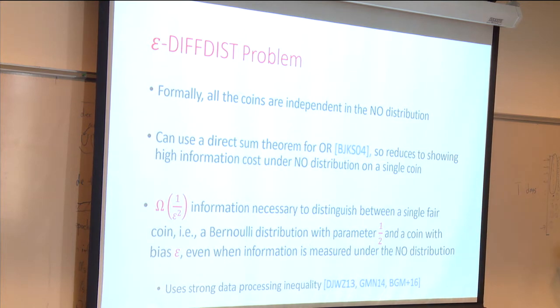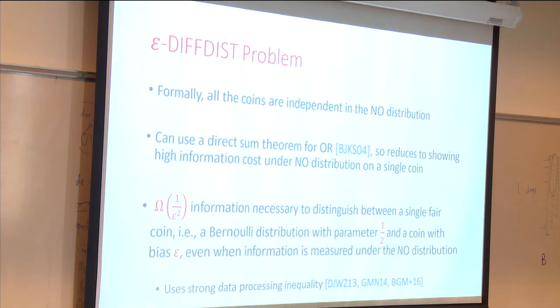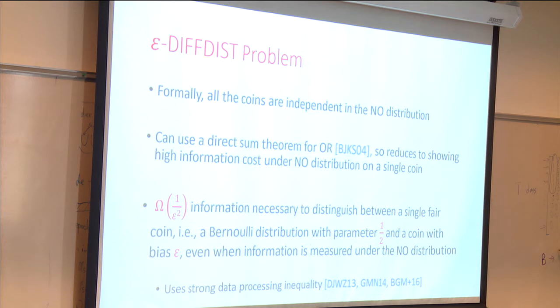I have this bit which tells me if I'm going to sample from either the uniform distribution, so Bernoulli 1/2, or from a distribution which is slightly biased, 1/2 plus epsilon. And I take a sample from that distribution, and I have a protocol that's the input to the protocol. I have a protocol that processes these samples.